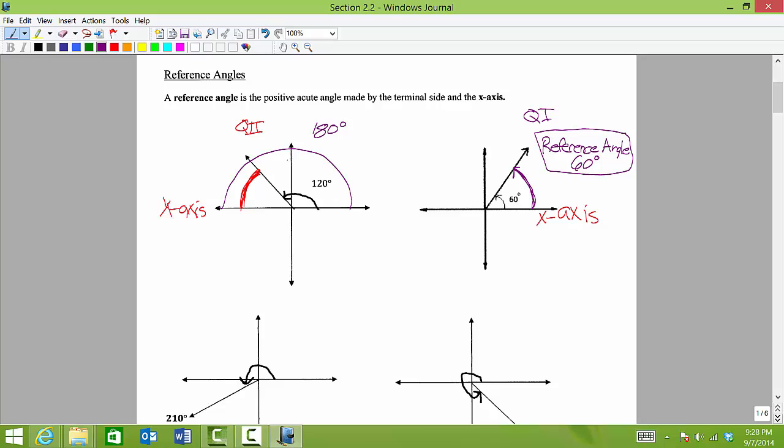So we actually want to get rid of everything from here to here. Well, if I get rid of that, that's actually 120 degrees. So if I subtract off the part that I don't want, we end up with 60 degrees. That is what we call our reference angle, the distance between the nearest x-axis and the terminal side of the angle. So that distance would turn out to be 60 degrees. So 60 degrees would be our reference angle.